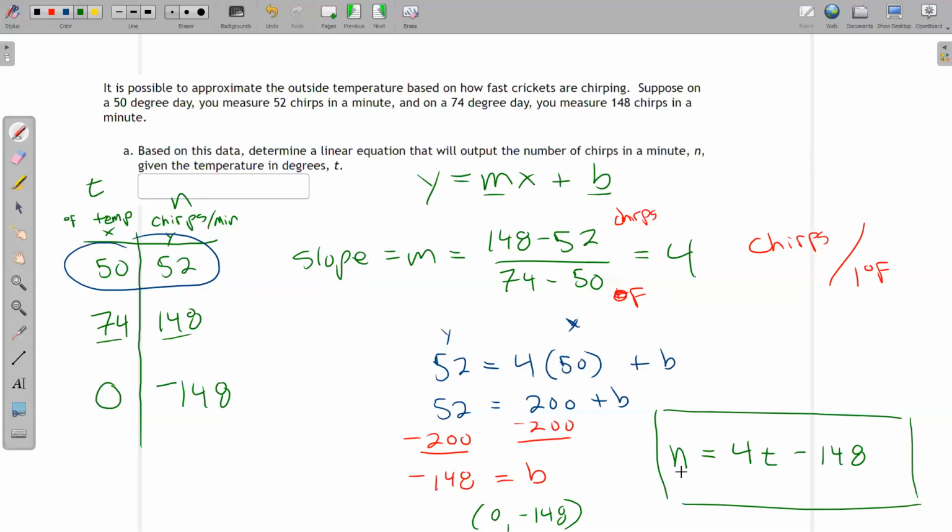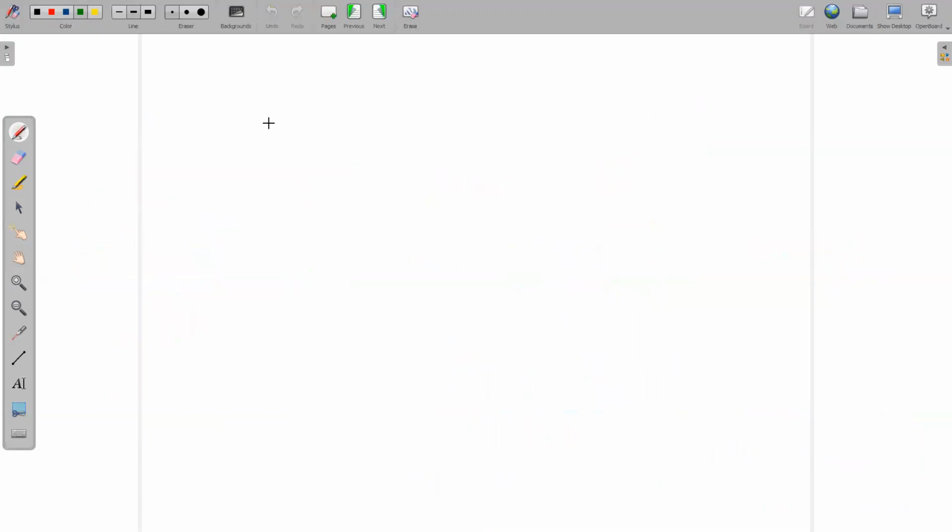But I have a question. Does it matter what points you use to plug it in? Like when you're trying to figure out b, does it matter which points you use? It doesn't, no. So if I repeated this with the other points, then I would have 148 is equal to the slope 4 times, what was that one? 74?